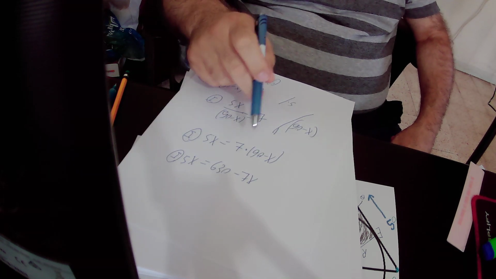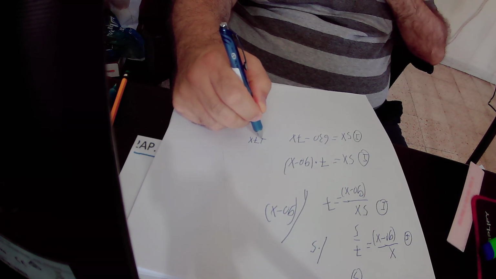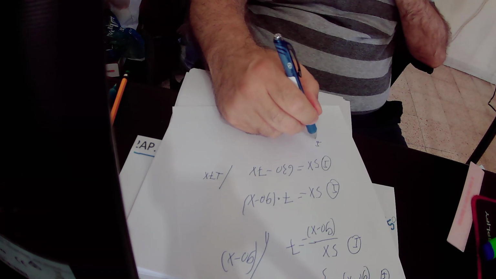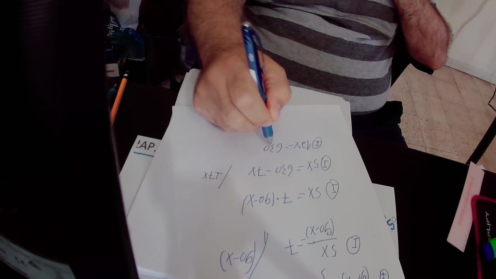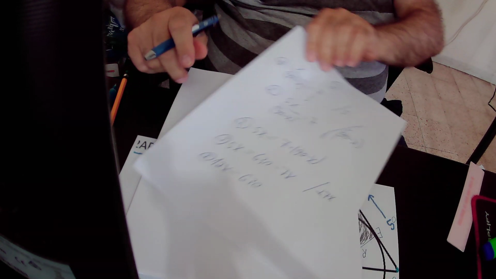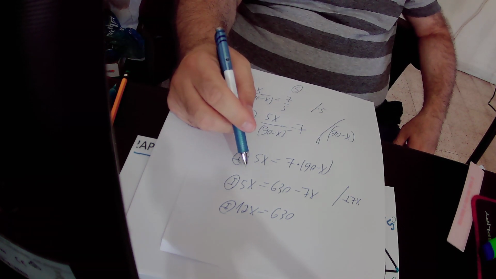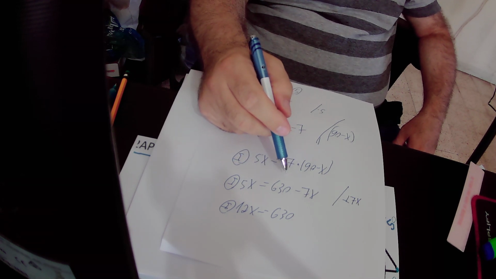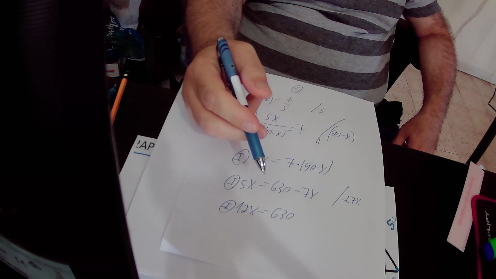So we can add 7x to both sides of the equation. 5x plus 7x equals 12x, and 630 minus 7x plus 7x equals 630.